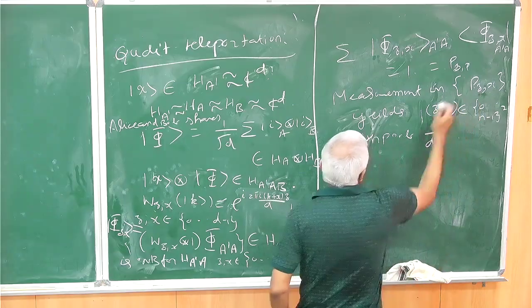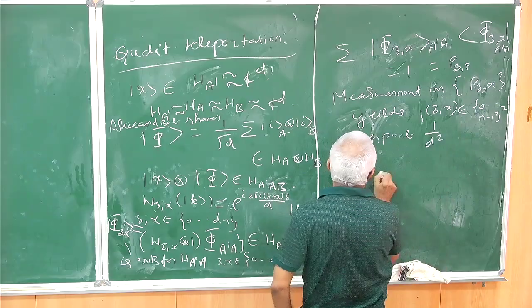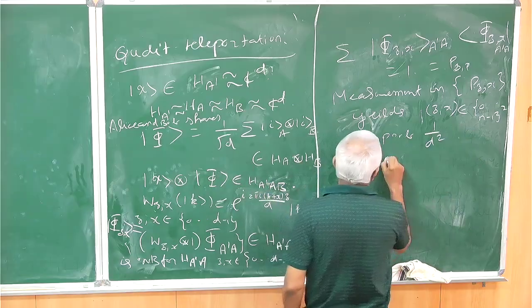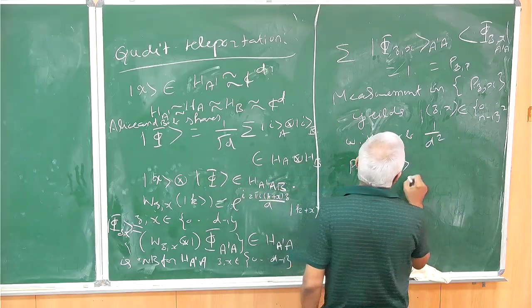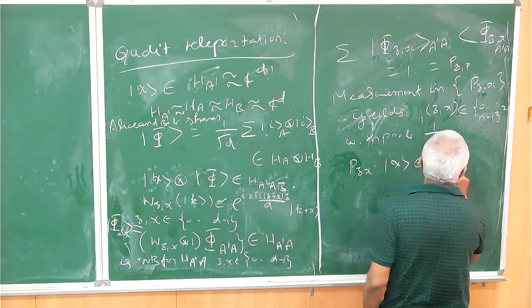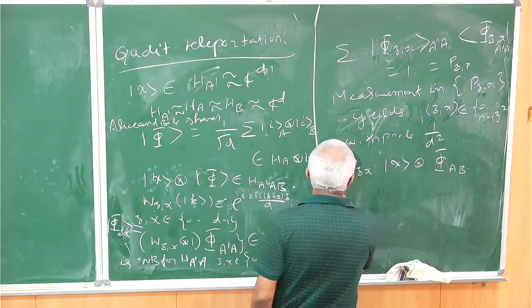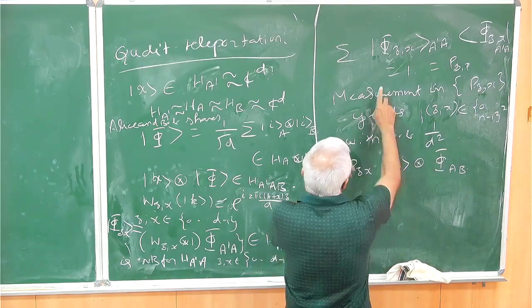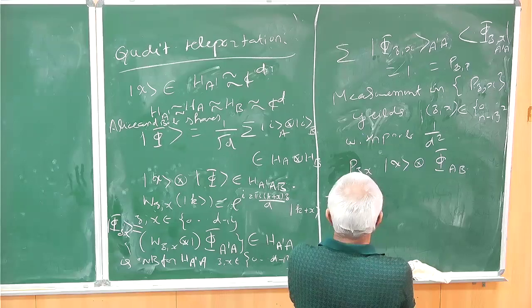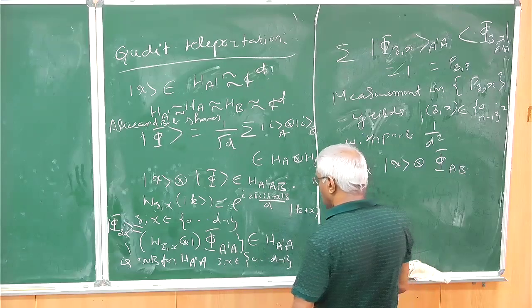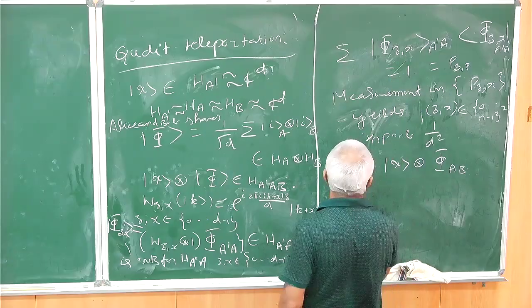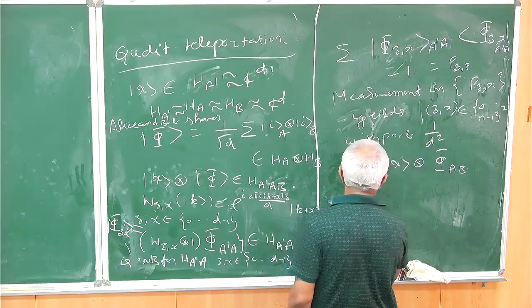So let us compute this. P_{Zx} acting on this chi tensor AB. What is this P_{Zx}, this vector?